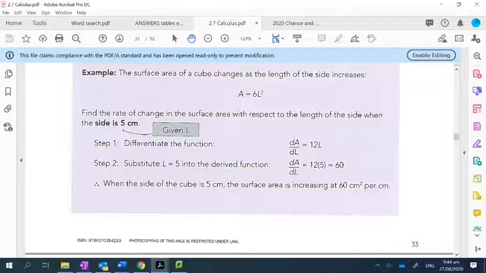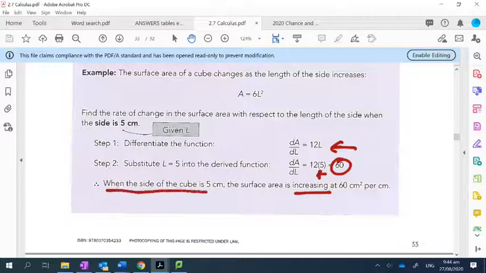All right. So differentiate the function. So you see that they've taken the derivative. We just then substitute the 5 in place of the L because that's the length we're looking for. And then it gives me 60. So that means that the surface area, it's positive, so it's increasing. So look at the way they write the answer.